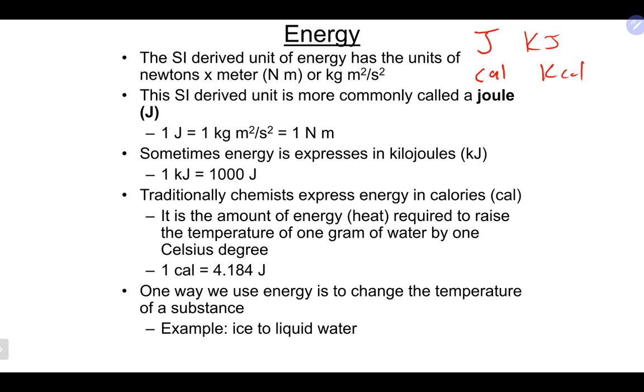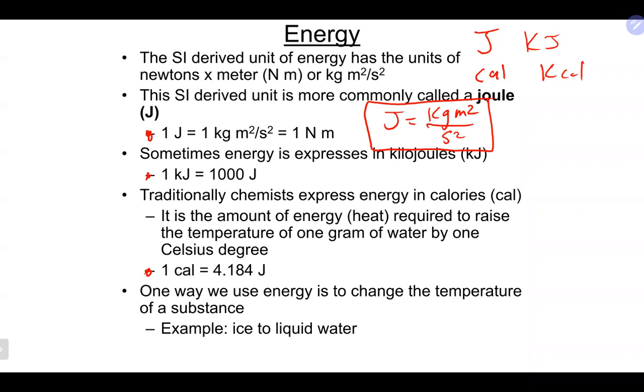Those are 2 common units. A kilocalorie is 1,000 calories. The relationship of a joule, which does pop up occasionally, is kilograms times meters squared over seconds squared. By the way, none of these are negative. That's just PowerPoint, obviously.